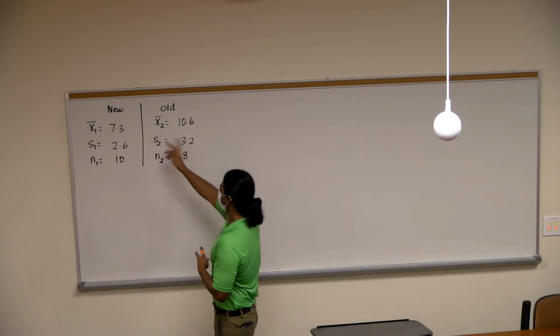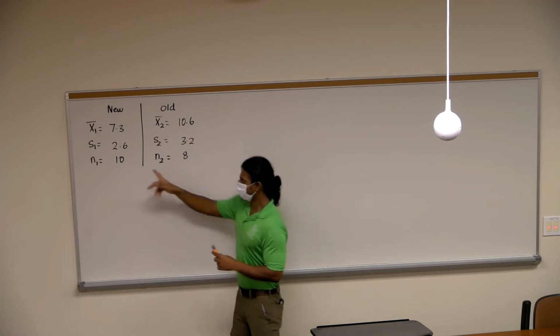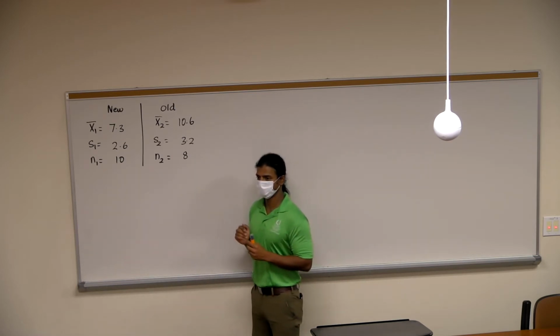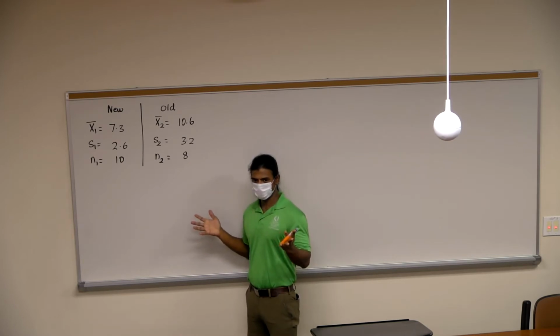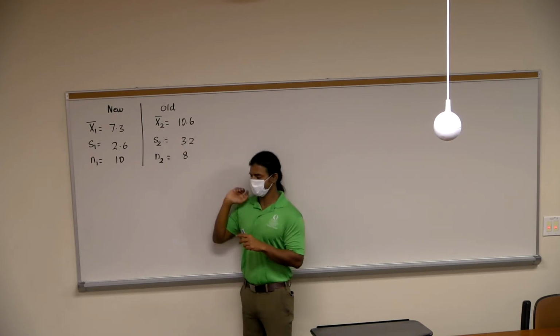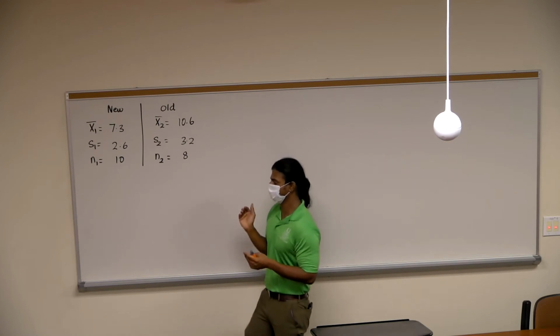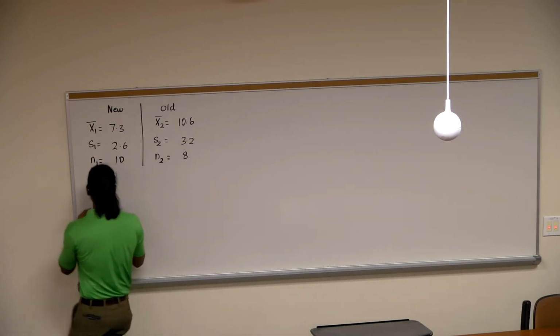So by the looks of it, do you believe that the averages are different? Yes, but should we just call it quits and move on? We cannot. Even though numerically they are different, from a statistical standpoint they could be the same. So let's verify if it is true.